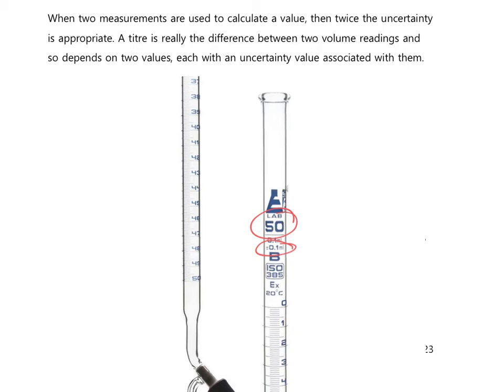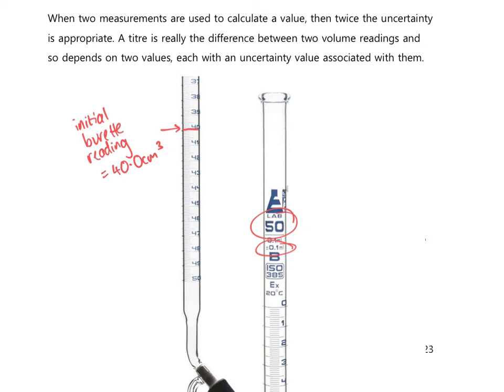Say for example we were measuring out a volume and there's only part of the burette drawn here. So say for example my initial burette reading was 40.0 centimetres cubed. That's not drawn very well, but say for example that was my initial burette reading. So there would be an uncertainty of 0.1 millilitres with that initial burette reading. That's my measurement.